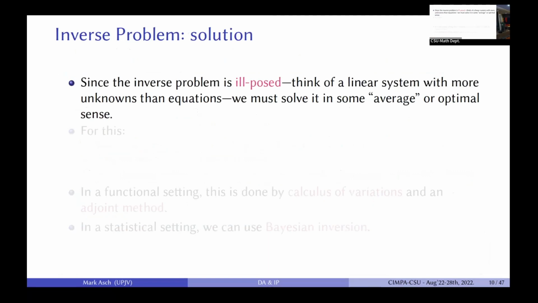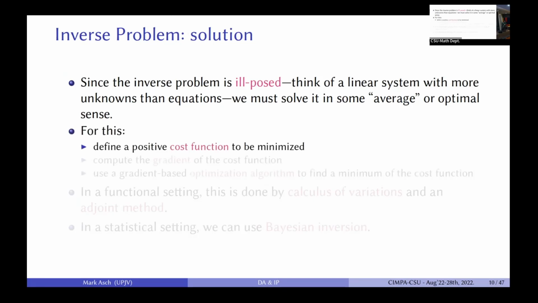Since inverse problems are ill-posed, we can think of a linear system with more unknowns than equations. We have to solve for it in some average or optimal sense. The only thing we can do is some kind of average solution, what we call the best solution possible. For this, what we usually do, and what we will do, is define what we call a cost function, or a loss function, or an error function.